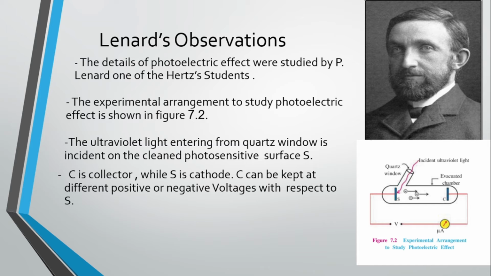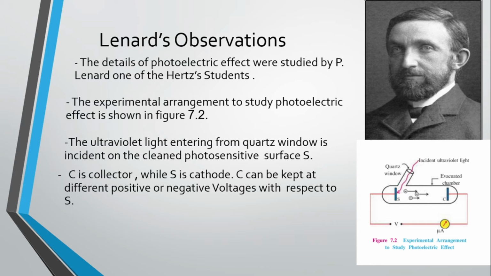Now, the details of the photoelectric effect were studied by P. Leonard, one of the students of Hertz. The experimental arrangement to study the photoelectric effect is shown in figure 7.2. The ultraviolet light entering from the quartz window is incident on a clean photosensitive surface S. Here C is the collector while S is the cathode.